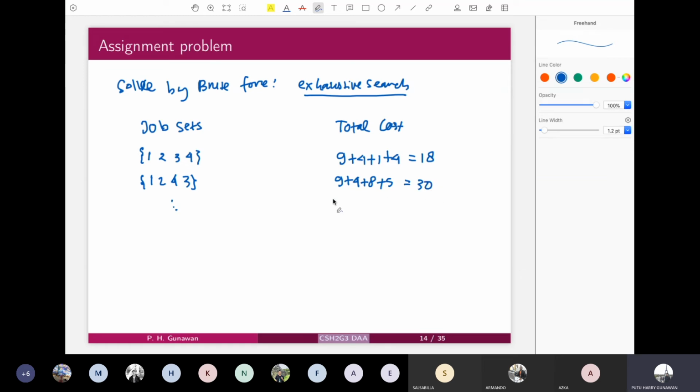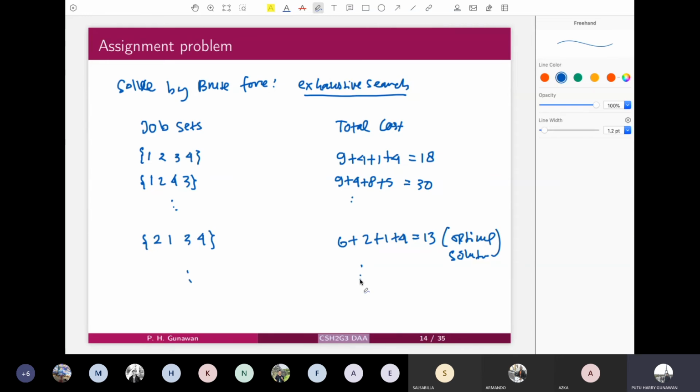So then finally, using exhaustive search, you will find, for instance, the optimal solution is 2, 1, 3, 4, which is 6 plus 2 plus 1 plus 4. This is 13. This is the optimal solution. So this is solved by brute force.